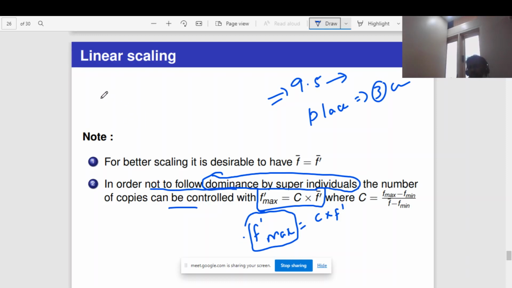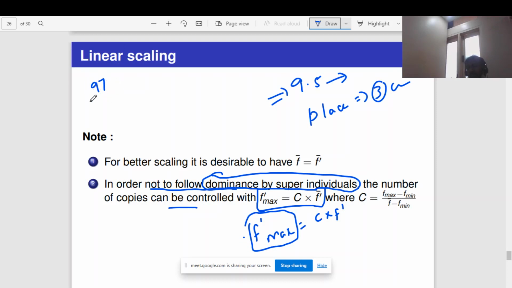See, in genetic algorithm, for the mating pool we always select individuals with better fitness score, right? So it is highly likely that the individual with good fitness score may be selected again and again, right? Somebody is having fitness score 97, say the maximum fitness score is 100, then this individual will be selected again and again.